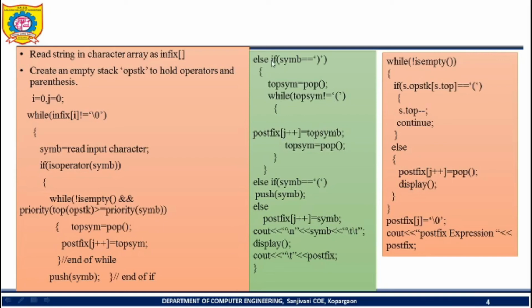If not, check the next condition: if the symbol is an opening bracket, we push that opening bracket into the stack. Else, if the symbol is not an operator, not a closing bracket, and not an opening bracket, it means the symbol is an operand. Then we put that symbol into the postfix expression as it is, and display the postfix expression.